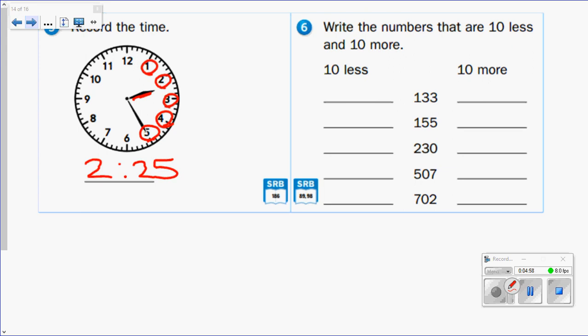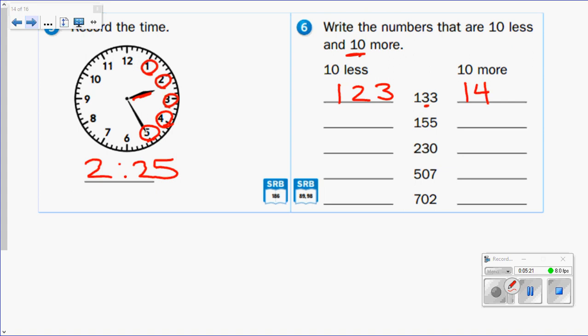And on the last one, number 6, you're going to write the numbers that are 10 less and 10 more. So once again, we're working with tens. So when I look at the first one, 133, I'm going to notice the 10. The 100 for less is going to stay the same. I'm going to go back 1 ten, and my 1 stays the same. For 10 more, my 100 stays the same.